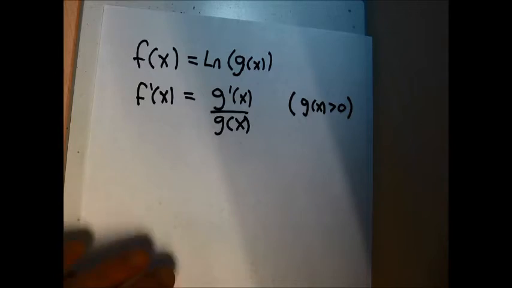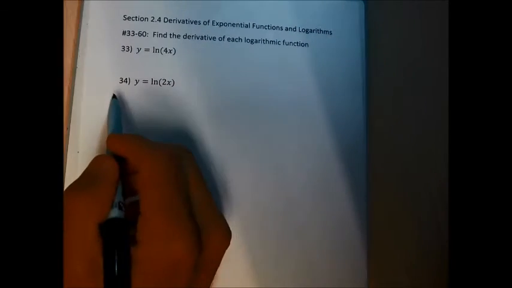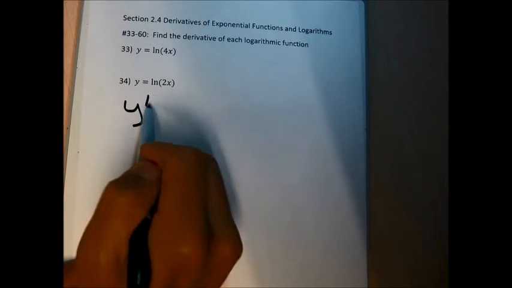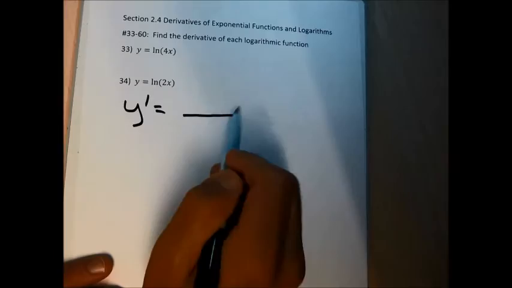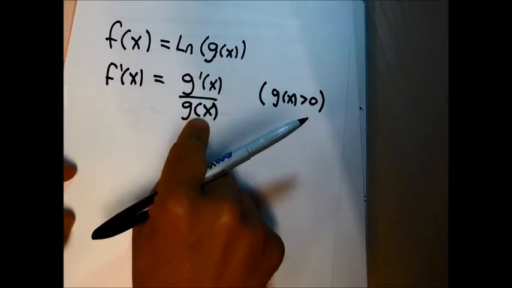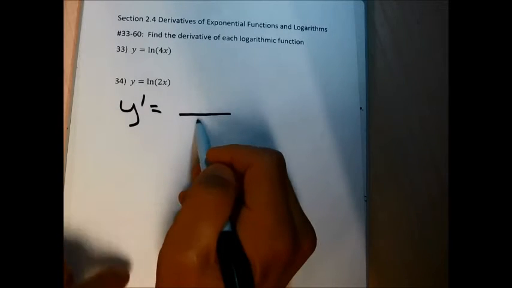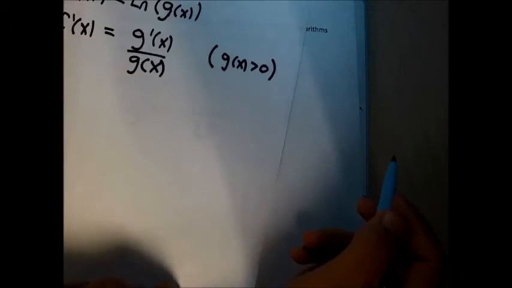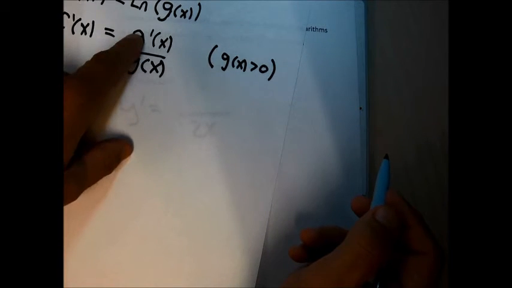So let me apply this rule. It's real easy to apply. So if you have a function that has a natural log, its derivative in the denominator just has the argument. The thing that's in the parentheses goes in the denominator. So in the denominator is going to be the argument 2x. In the numerator, it's going to be the derivative of the argument.